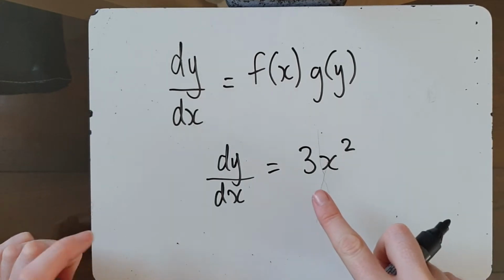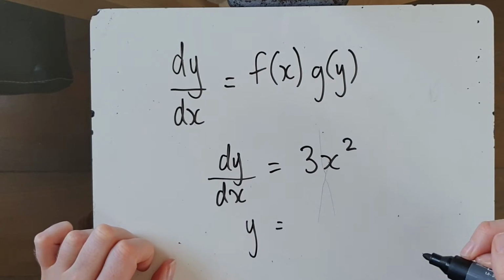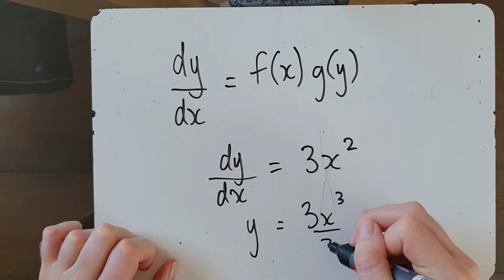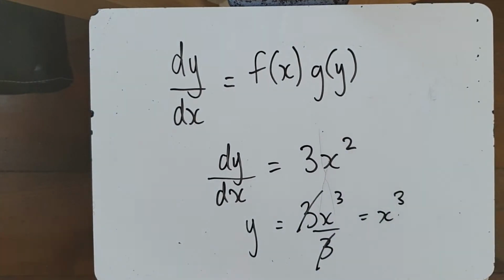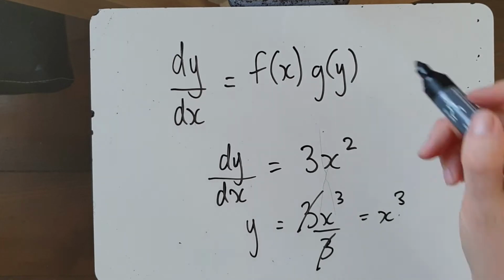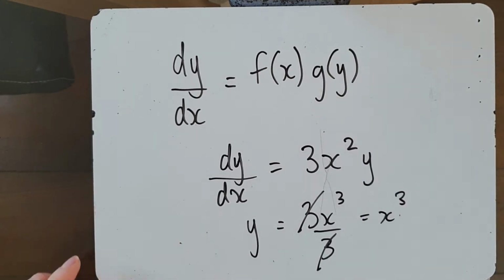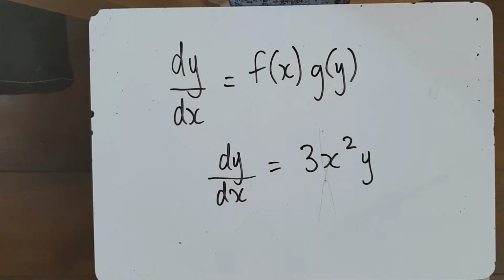If dy by dx is 3x squared, we can easily just integrate that. We would get 3x cubed over 3, so it's just x cubed. We can't just do that, however, if there is a function of y involved. If we turn this into 3x squared y, we can't integrate that using the same method.